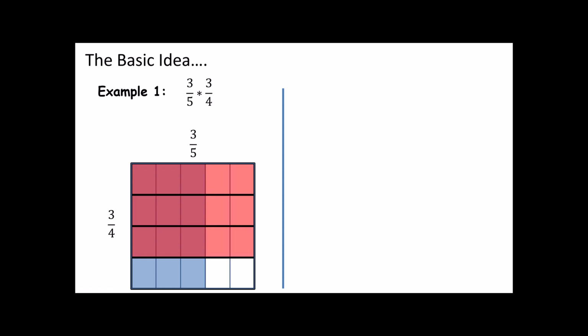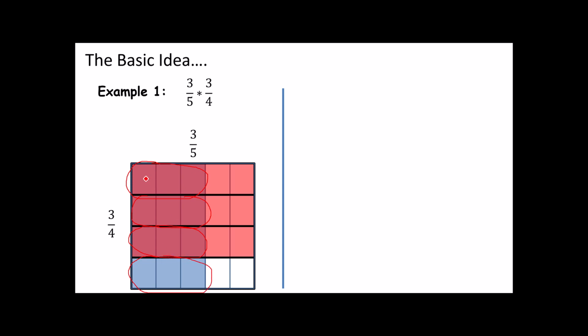And I'm going to take 3 of those equal-sized sections. Now, if I take just the blue that's been overlaid in red, notice I've got 1, 2, 3 out of 4 equal-sized sections of the blue.